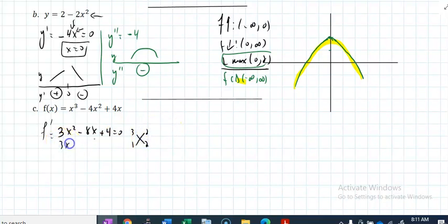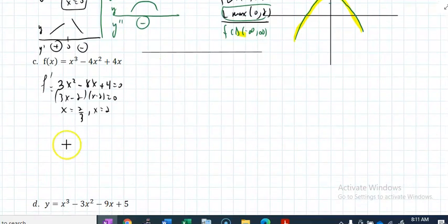Okay, so that's 3x minus 2 and x minus 2. Is that right? 3x squared minus 6, 9. Okay, there you go. And if it doesn't factor, you complete the square or use the quadratic formula. So I have x equal 2/3 and x equal 2.